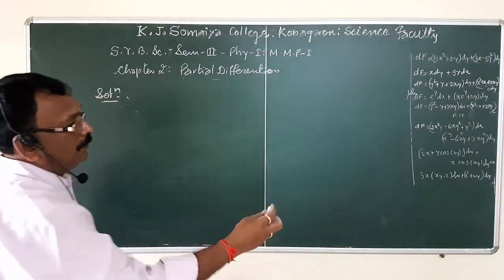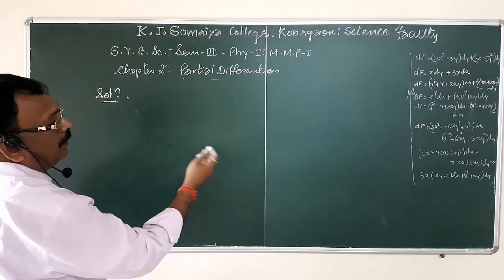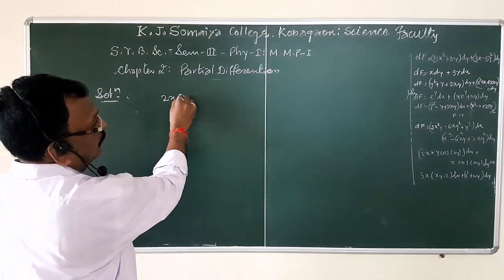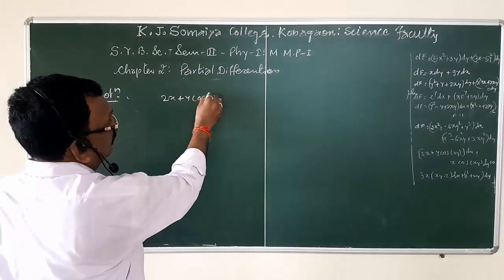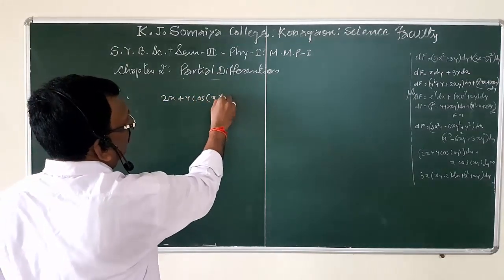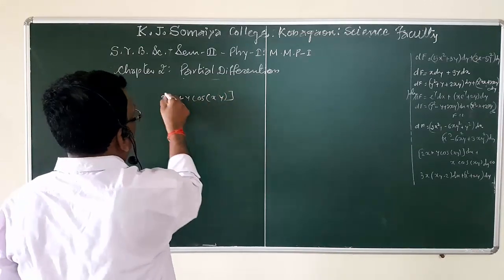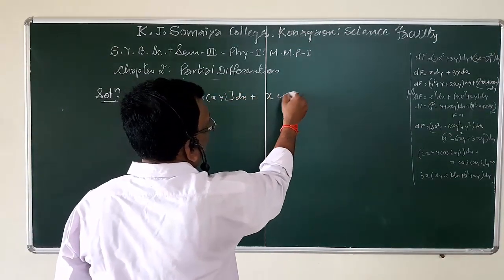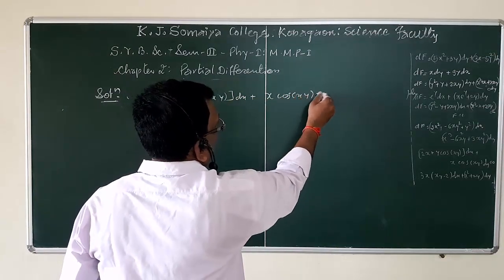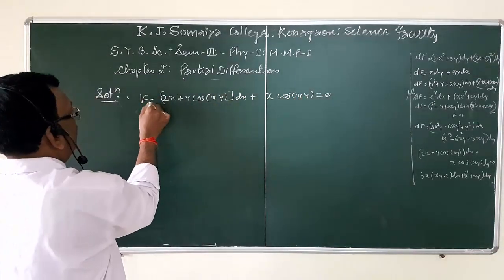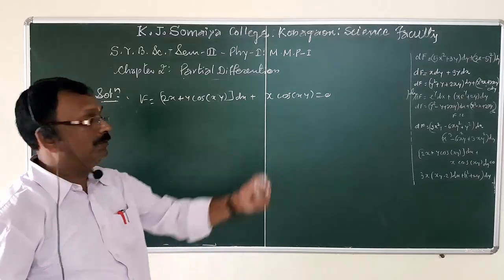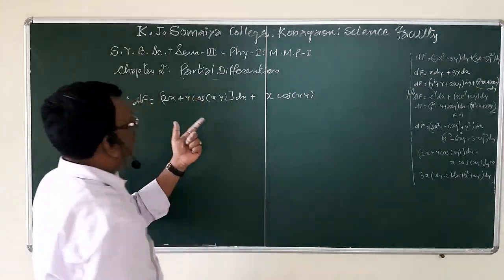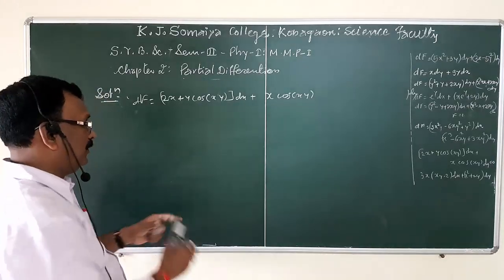Again, show that the equation (2x plus y cos xy) dx plus x cos xy dy is equal to 0 is an exact differential equation. Suppose this is the given differential equation and this is equal to 0, that is df is equal to 0. Now you have to show that this differential equation is an exact differential equation.